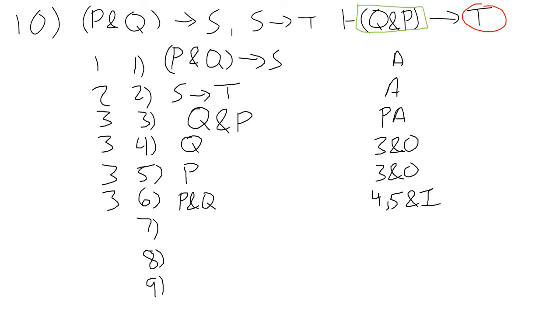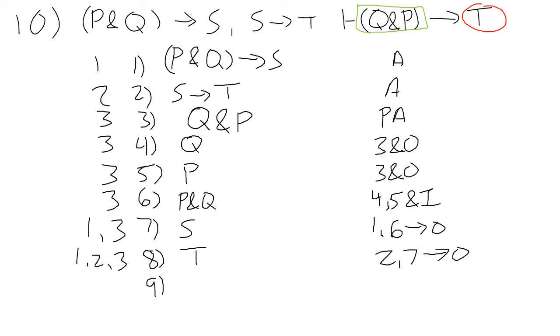So still just 3. Now we can chuck this into our conditional statement in line 1 to get S. So that's going to be from 1 and 6, arrow out, 1 and 3. And then now that I've got S, I can toss it into my conditional statement in 2 to get T by itself. So that's going to be 2 and 7, arrow out.